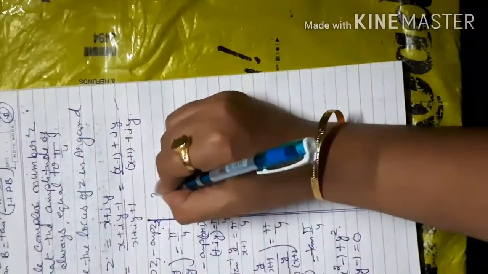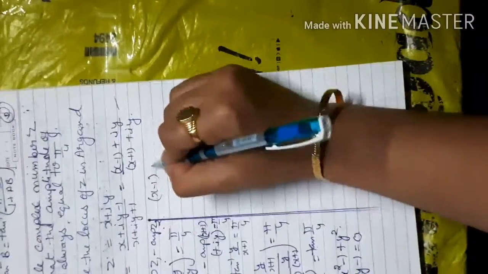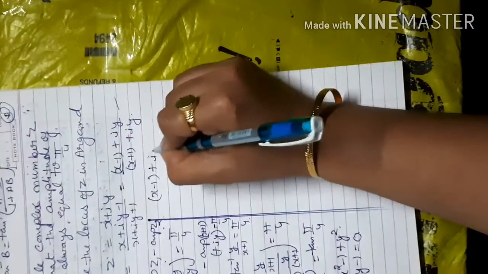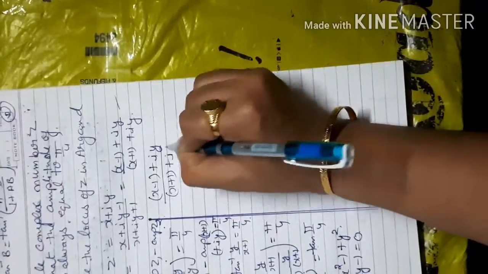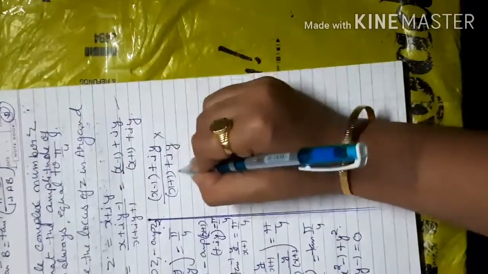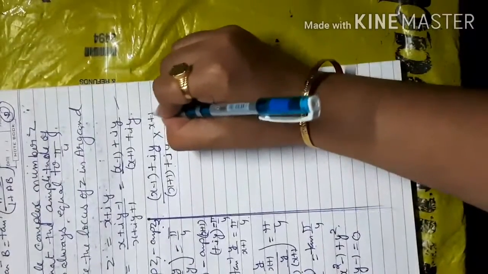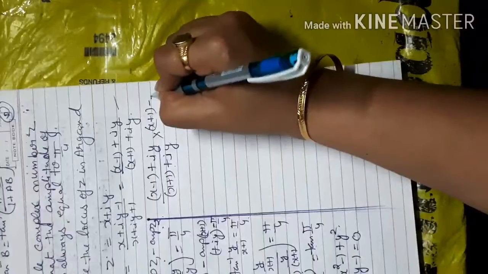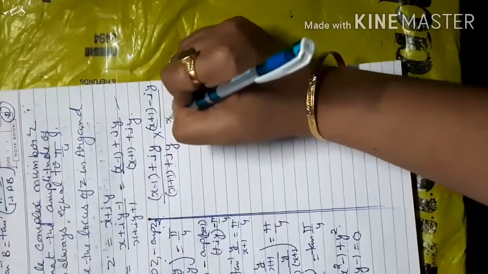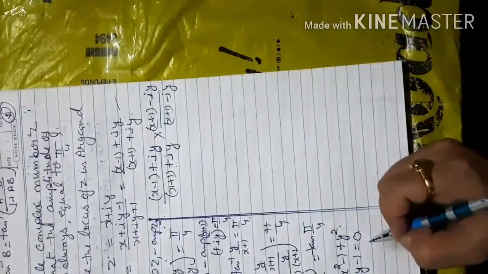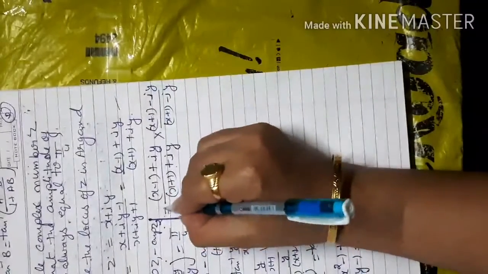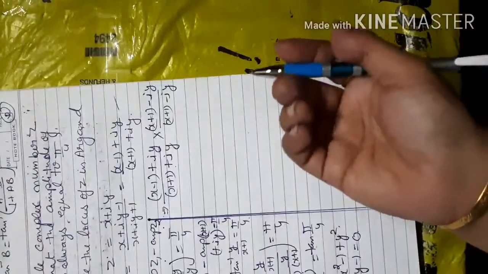So what I will do, first I will rationalize this one, x minus 1 plus iy upon x plus 1 plus iy. So I will change only this sign, x plus 1 minus iy, then x plus 1 minus iy. Okay, so I'm going to convert this into a single complex number.